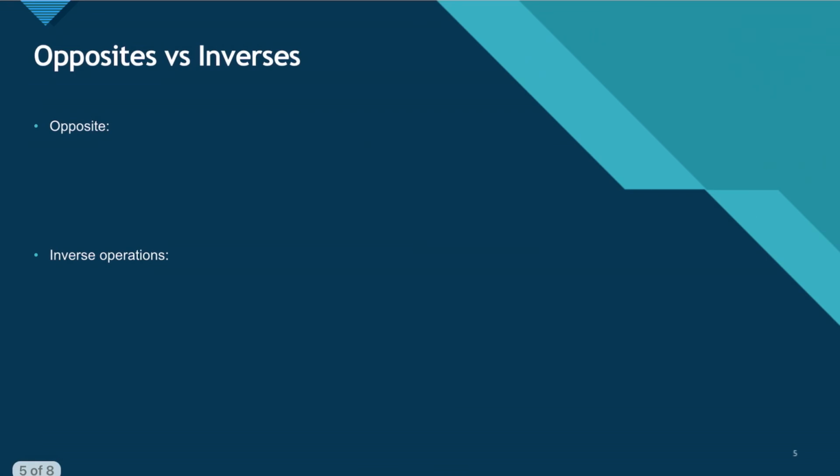So inverses are really related to opposites, but they're not quite exactly the same thing. An opposite is more like the total contrast of something, something completely different.